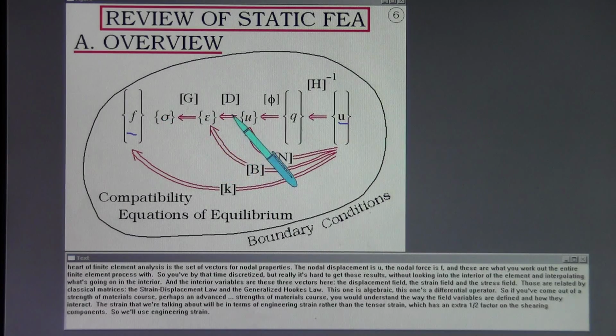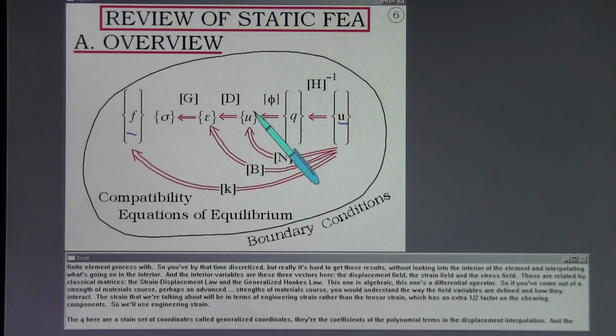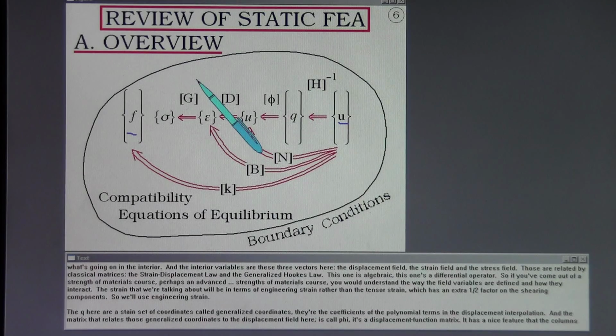And the interior variables are these 3 vectors here: the displacement field, the strain field, and the stress field. Those are related by classical matrices, the strain displacement law and the generalized Hooke's law. This one is algebraic, this one's a differential operator.